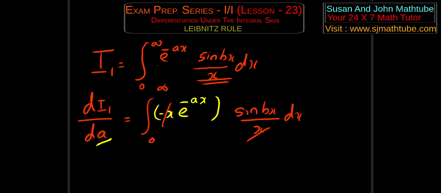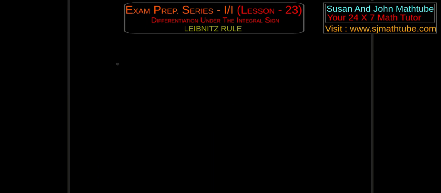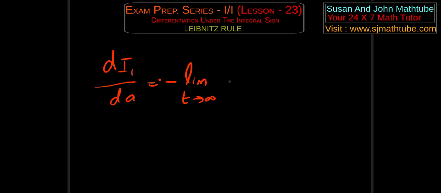So x and x will get cancelled. So dI1 by dA is equal to, now I'm going to skip a lot of steps. I'm going to write minus limit t tends to infinity, because I know it's an improper integral, integral 0 to t e power minus ax sin bx dx. I hope you're able to follow me.